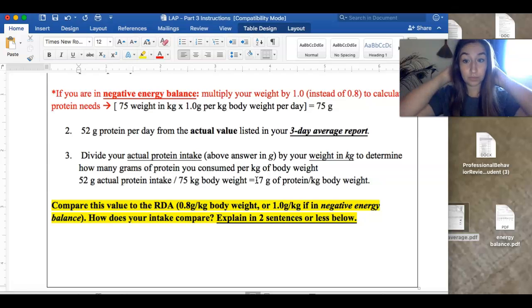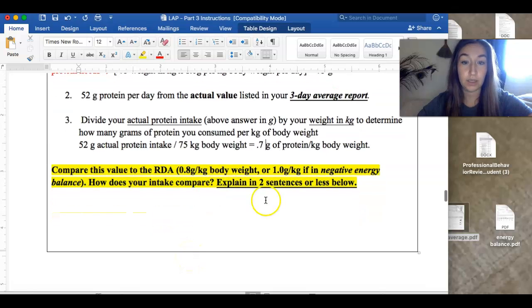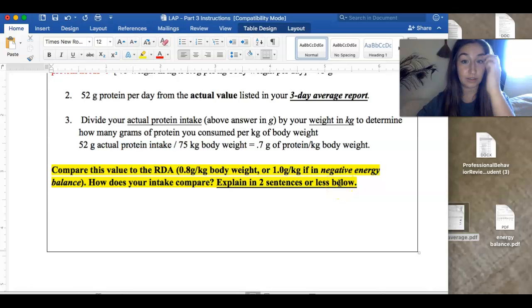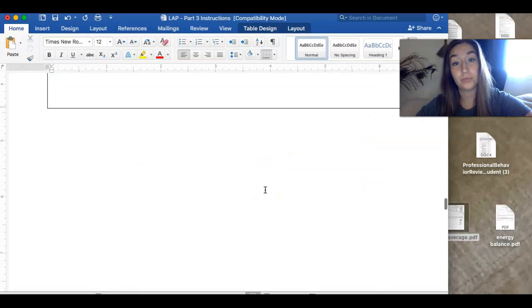So definitely below my protein needs based on the RDA. That's where you would write this here, 2 sentences or less. Just say, I was in a negative energy balance, and the recommendation is to get 1 gram of protein per kilogram, and I was getting 0.7 grams, which is below.